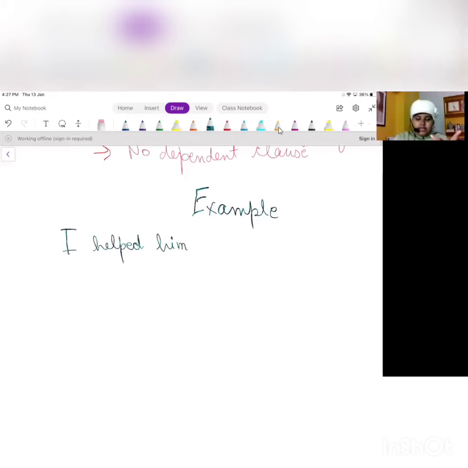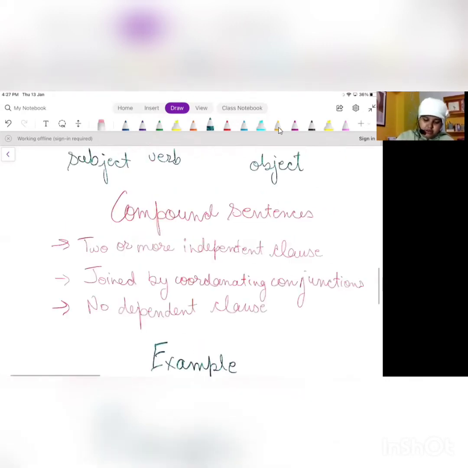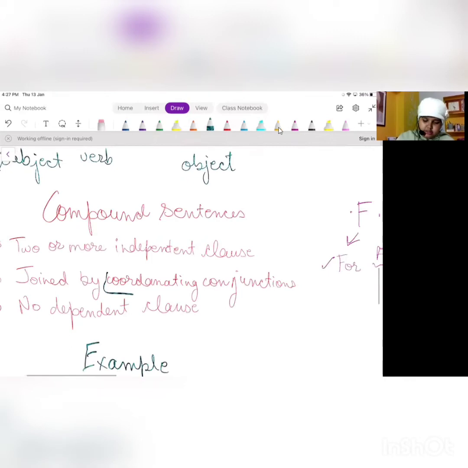And he got happy. He got happy. Simple thing. This is also an independent clause. There are two independent clauses, but they are different, so we have to join them. We will join them using coordinating conjunctions.